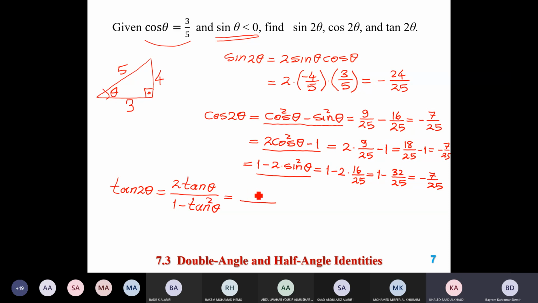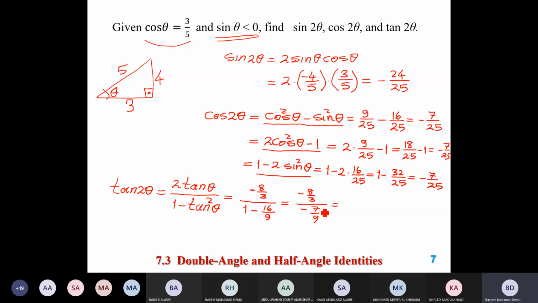Yes, so it will be negative 8 over 3, divided by 1 minus, well, tangent is negative, but square will be positive, of course. It will be 16 over 9. So negative 8 over 3 divided by negative 7 over 9. Am I doing right, Shabab?